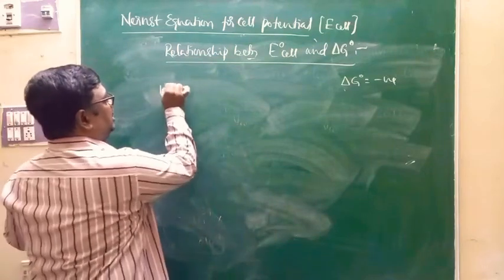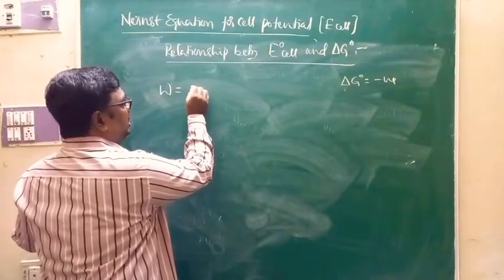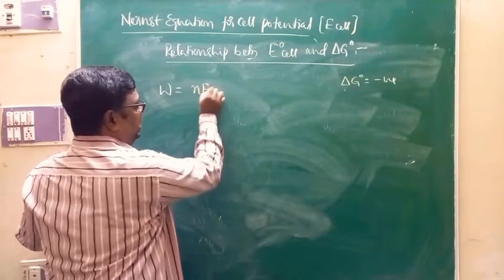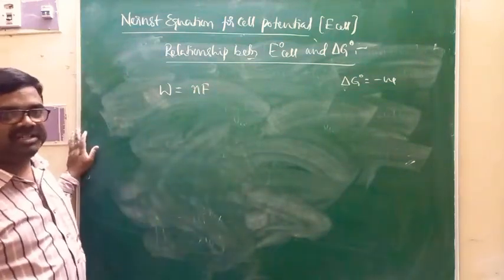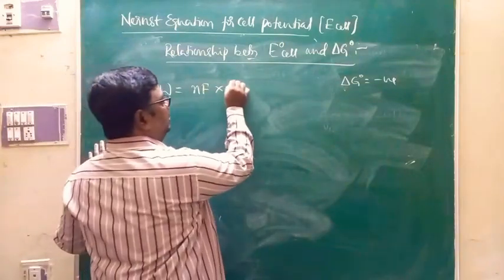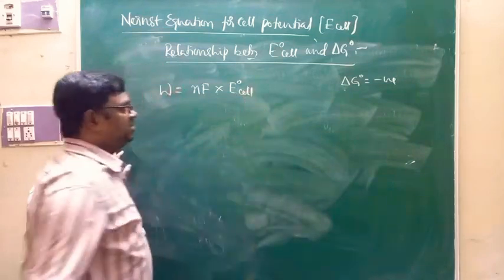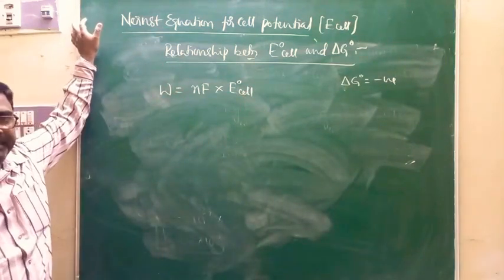The amount of work done W is the quantity of electricity produced, given by nF, into the cell potential, that is E naught of cell. This is the amount of work done.